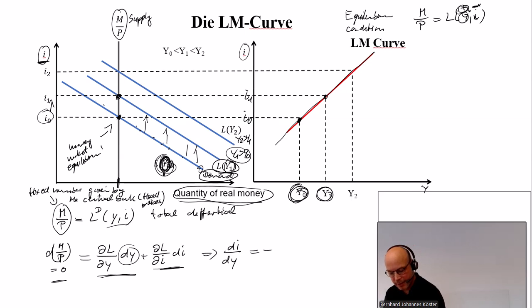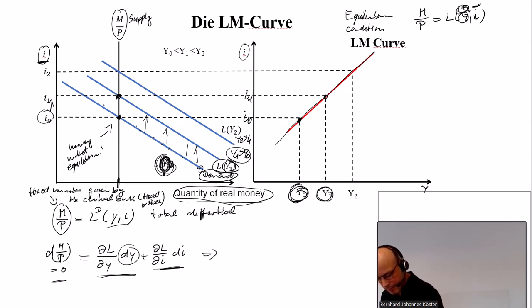So we obtain then, hopefully I do it right, di is then del L del Y divided, is it the right direction? Let me do it a little bit slower, otherwise I always do it wrong.